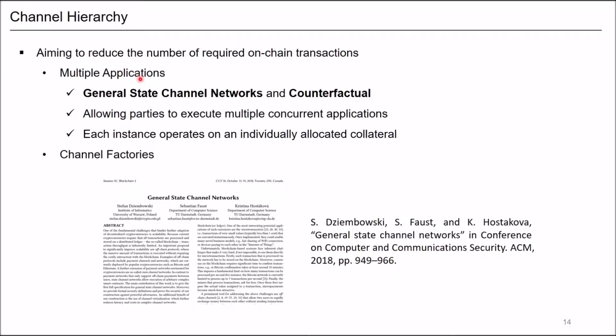Such modular channels maintain a set of application instances, and each instance operates on an individually allocated collateral. In other words, application instances are isolated from each other even in case of dispute, and it is based on revocation by version, RBV. Here is the paper, General State Channel Networks.